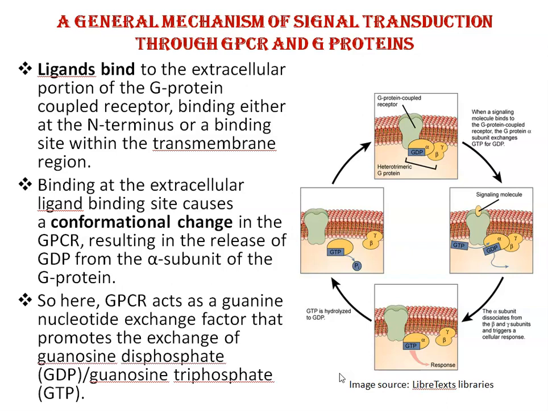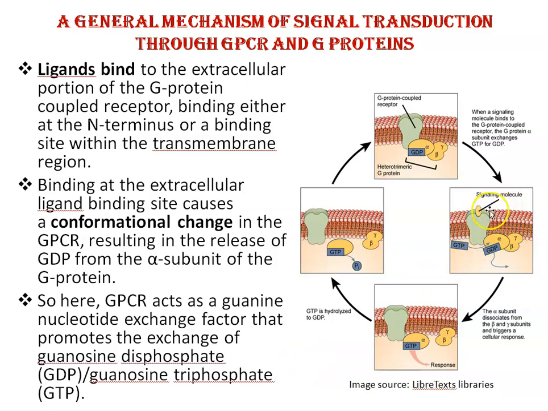When a signaling molecule binds to the G protein coupled receptor, the G protein alpha subunit exchanges GDP for GTP, meaning binding at an extracellular ligand binding site actually causes a conformational change, right?